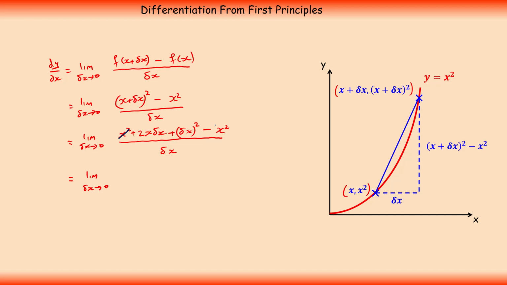We've got x squared minus x squared, so they cancel each other out, and we're left with 2x delta x plus delta x squared, all divided by delta x.